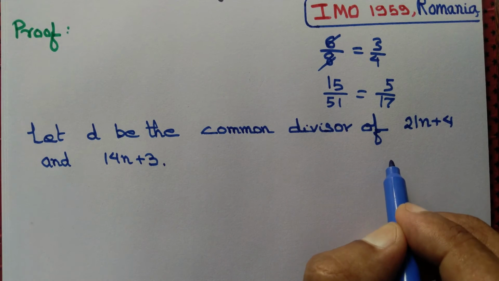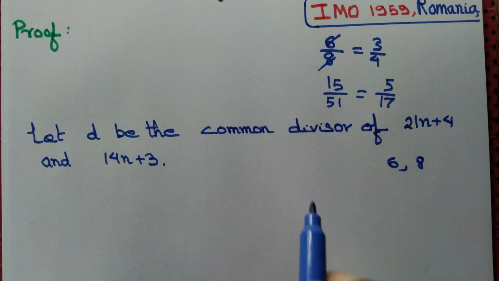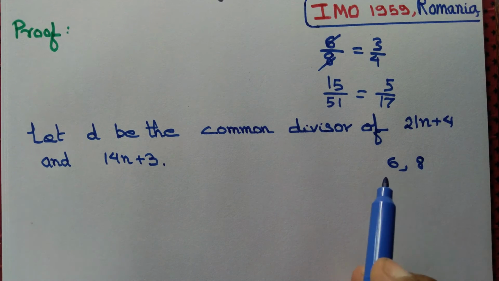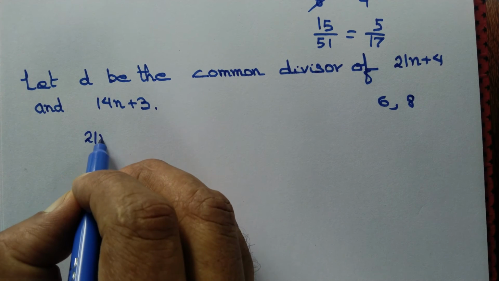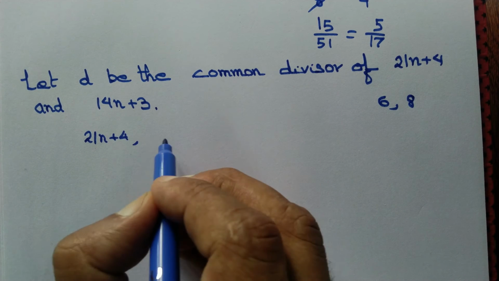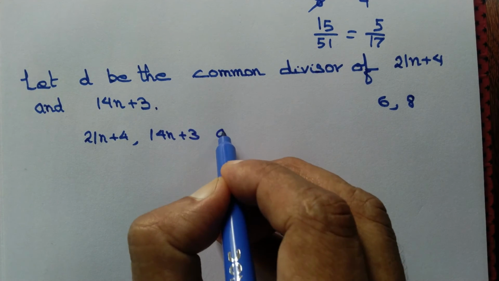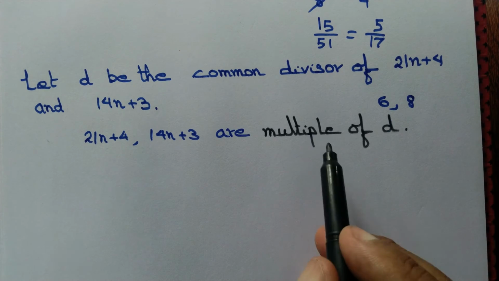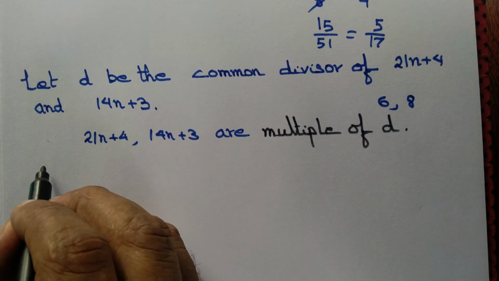Now, 6 is a multiple of 2, 8 is also a multiple of 2, then their difference is also a multiple of 2, and their sum is also a multiple of 2. That much is enough for proving this result. So 21n + 4 and 14n + 3 are multiples of d, so their difference should be a multiple of d.